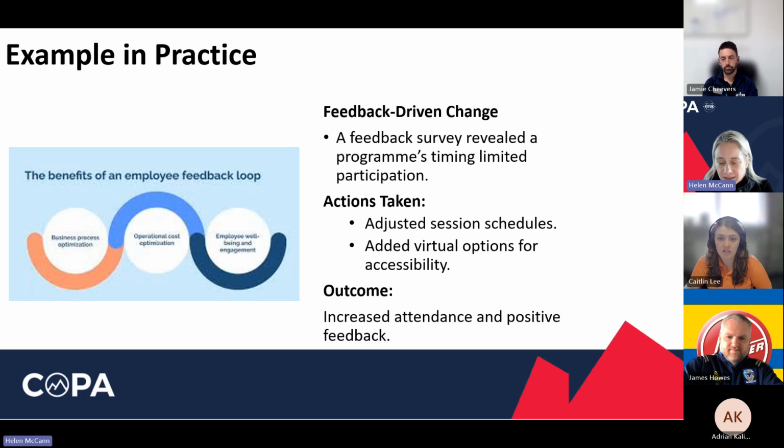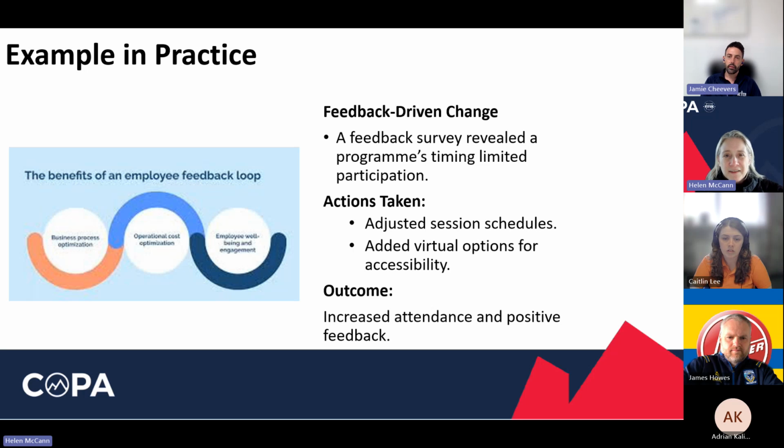Yeah, definitely. Anybody else got any examples of how they might have acted on feedback? Yeah, when we send out our class surveys, it might come back that a certain percentage of members don't find a certain time convenient.